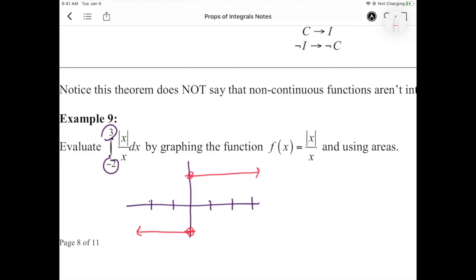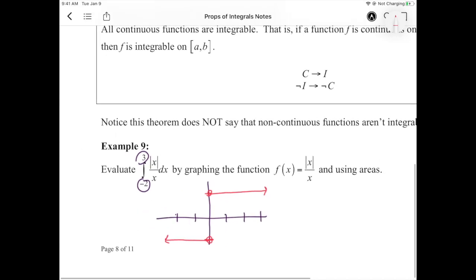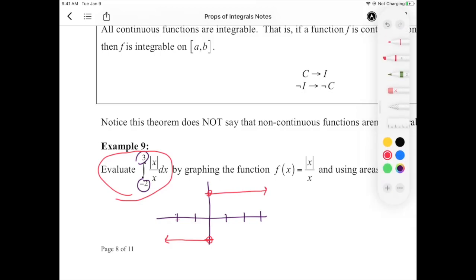So if you're bold, figure out how I made that graph, and then you should evaluate that definite integral using your areas. So again, I'll give you a little help. Oh, I'm helping you too much. This is going to be so obvious now. Well, whatever. So we're finding those areas to solve our definite integral. So show me that work.